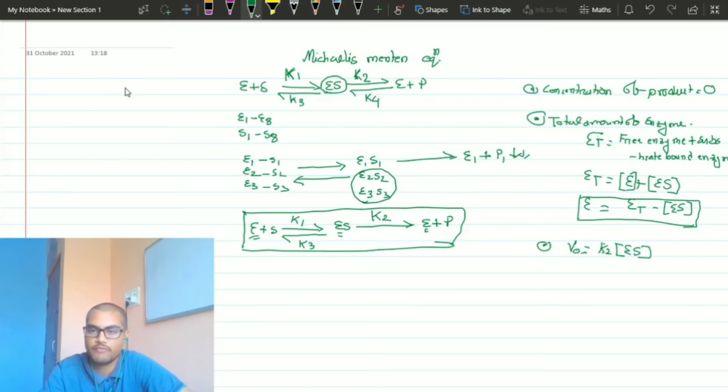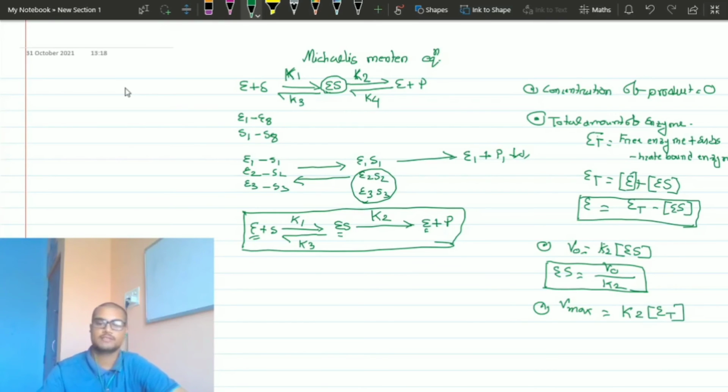In this case, if you find the value of ES, then it will be V naught divided by K2. Now the fourth most important thing is Vmax, the maximum velocity, and Vmax will be K2 times the total amount of enzyme. This is the value of Vmax.